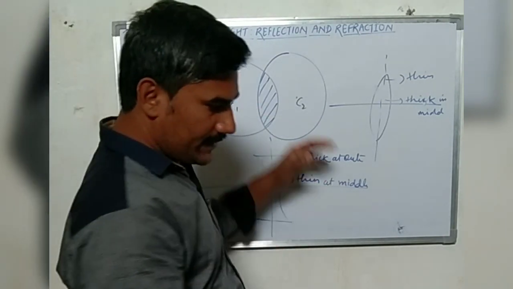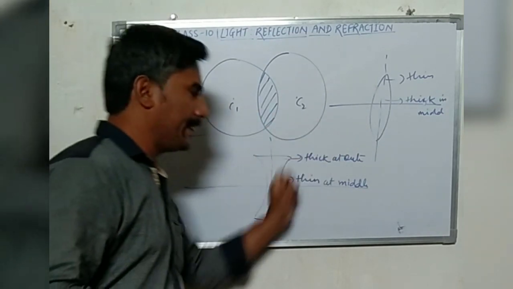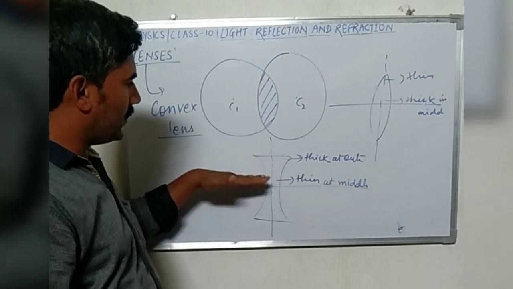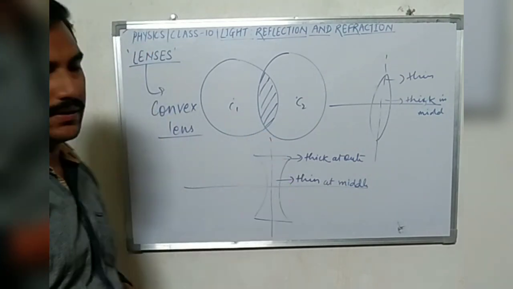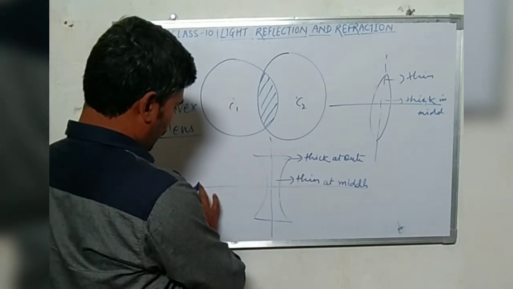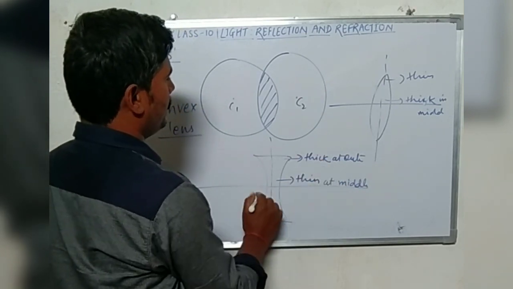Okay, now we will discuss the ray diagrams, and before that we will discuss the structure of any convex lens and the allied components or allied configurations.